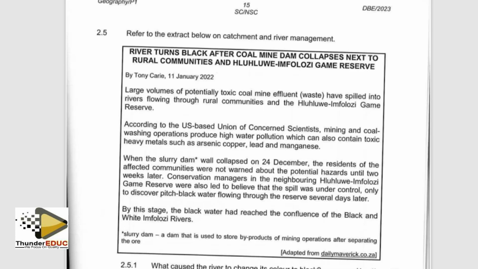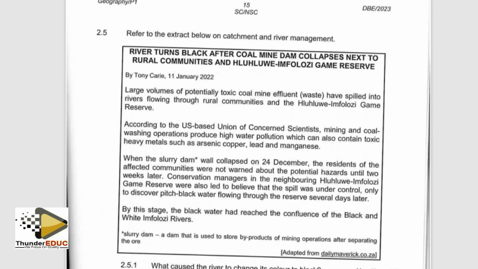Conservation managers in the neighboring Thululwe game reserve were also led to believe that the spill was under control, only to discover pitch black water flowing through the reserve several days later. By this stage, the black water had reached the confluence of the Black and White Mfolozi rivers. Okay, so that is the extract.